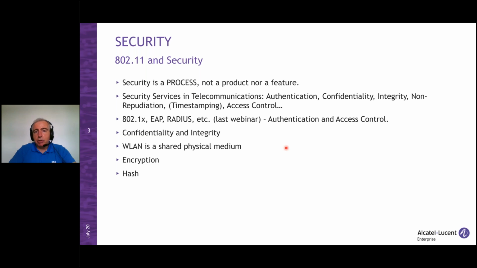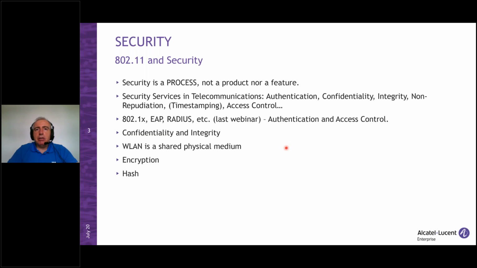Confidentiality, which we are covering today, is the mechanisms that we have to adopt in order to guarantee that the message we are exchanging is secret, is not captured or cannot be seen by a third party that is eavesdropping in the media.